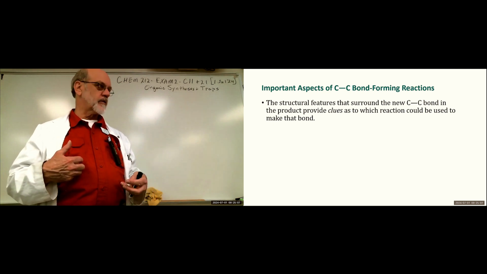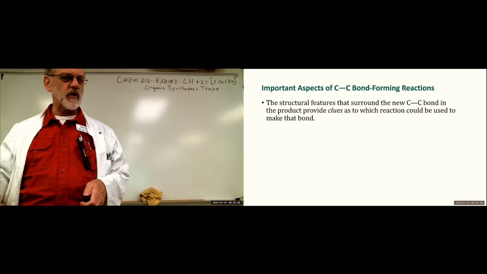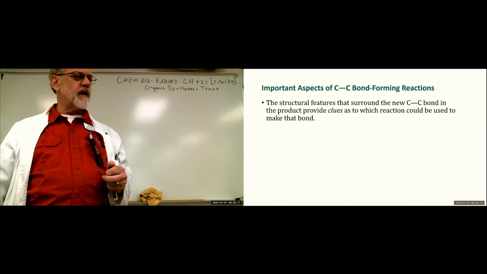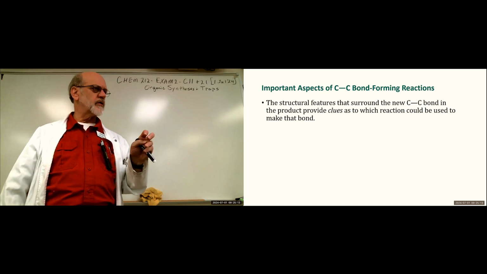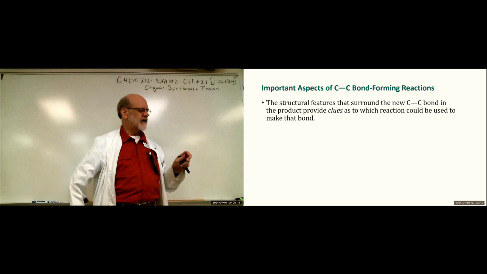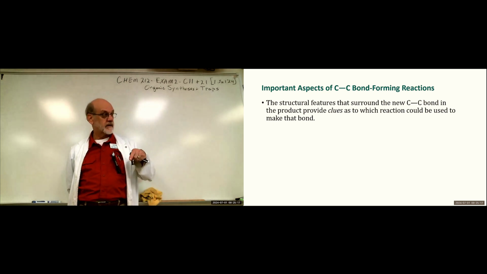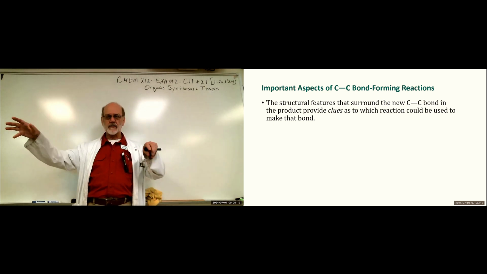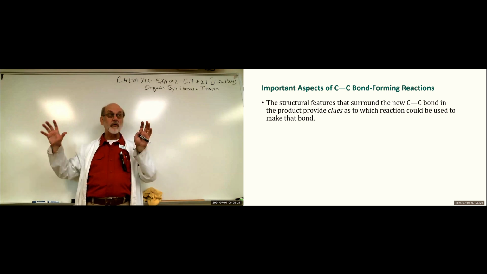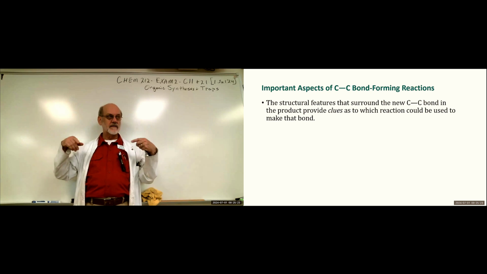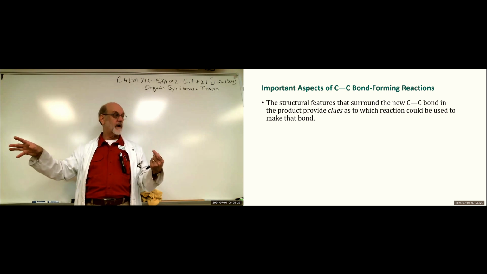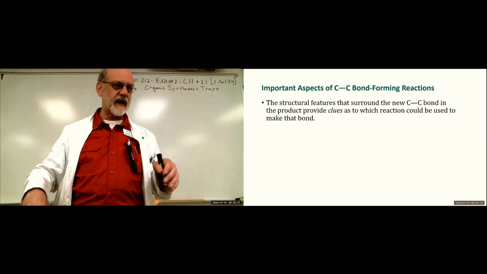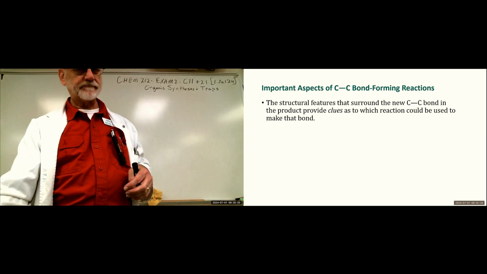And then what functional groups do you have to deal with? We're going to look at traps later, where if you have multiple functional groups on your precursors, then you could get the wrong reaction, because if you got a functional group here and one here, and they're both reactive to the nucleophile, then you could get a product that you don't want. So we talk about that, I think, in chapter 21.